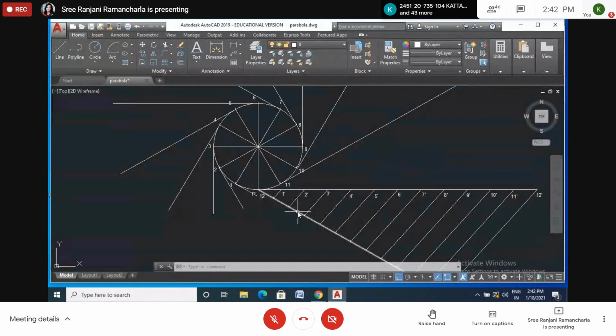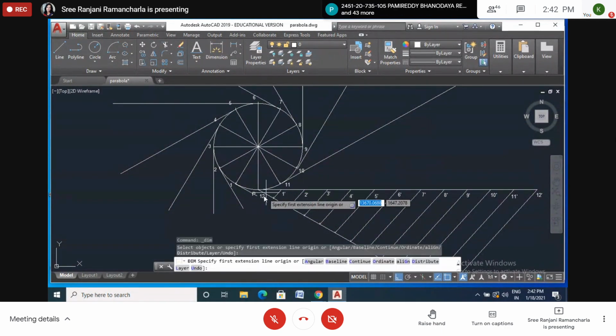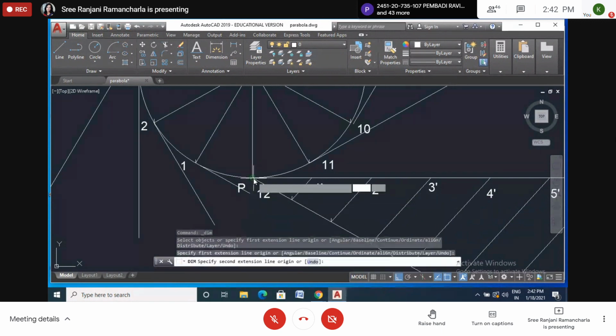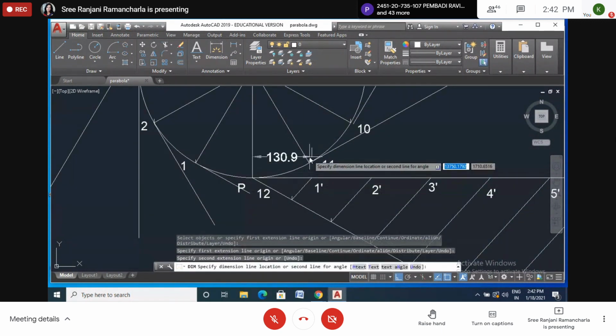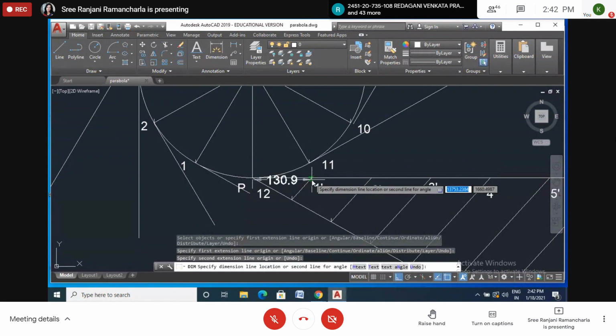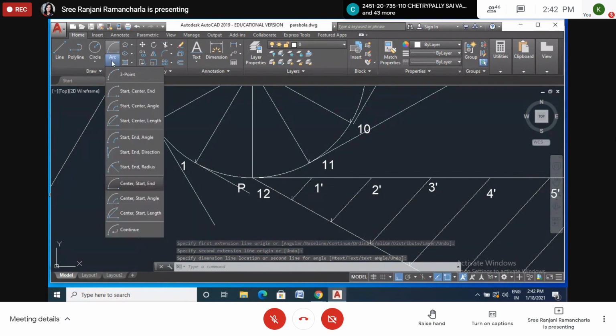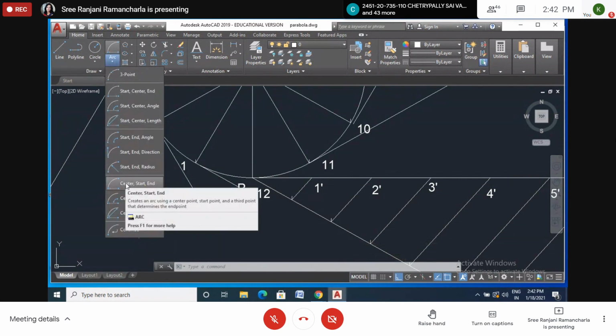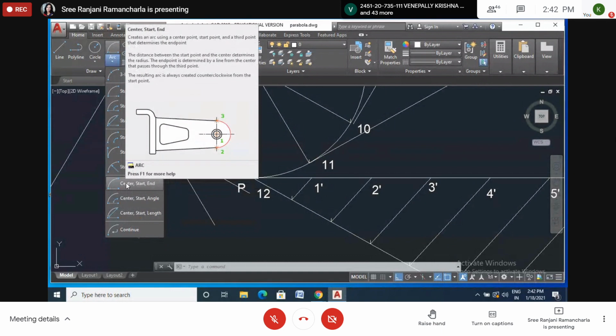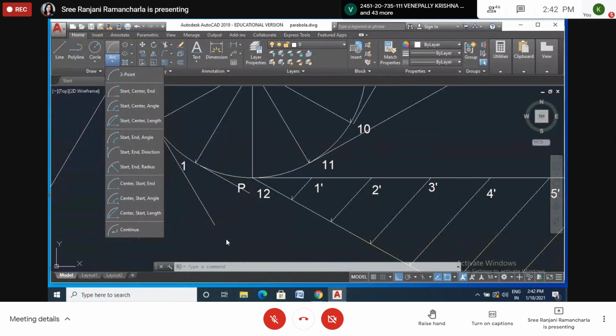Here I will measure the length by taking this command, approximately 130.9. Then this is the center. I will mark taking the arc as you are drawing with compass. Which command?